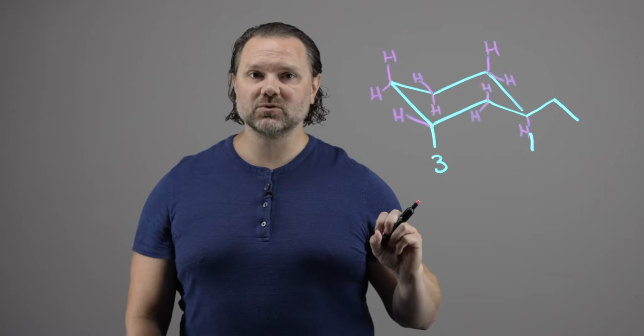Then we're going to have an up equatorial here, a down equatorial here. We've already got the ethyl group in the equatorial position at that carbon. Here we have a down equatorial, and we have the last one that we've already filled in. And we've completed our chair conformation. Now, generally, those hydrogens, we leave them implicit. You don't need to show the hydrogens, only the other groups, the methyl and the ethyl.